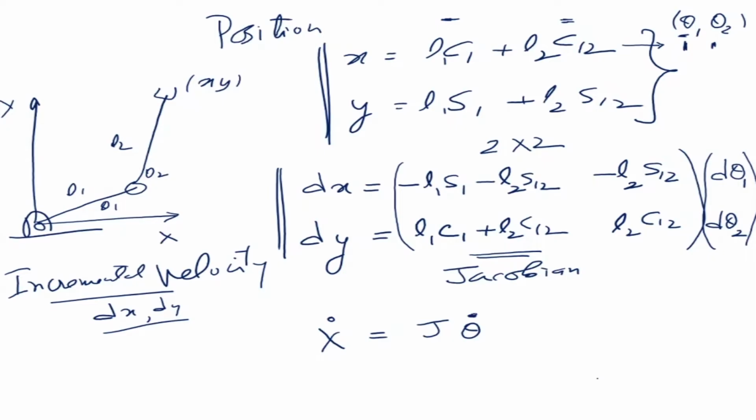Now when we are controlling the robot, we are controlling the joints. We are not directly controlling the end effector. So in order to control the joint, with the same equation, x dot is equal to J into theta dot, we need to control theta 1 and theta 2 at the joint.